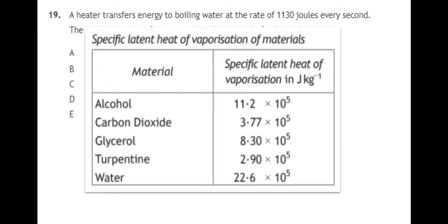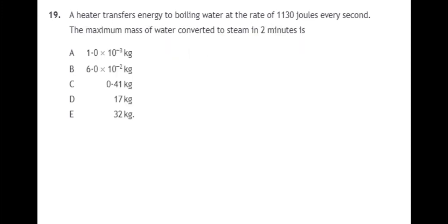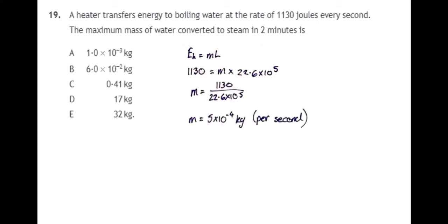And we can see it is 22.6 times 10 to the power 5 joules per kilogram. So we can insert these numbers into our formula, and we get a mass of 5 times 10 to the power of minus 4 kilograms.